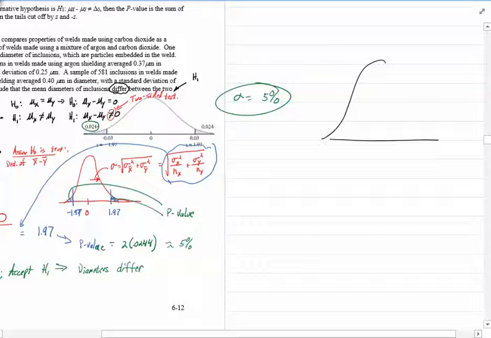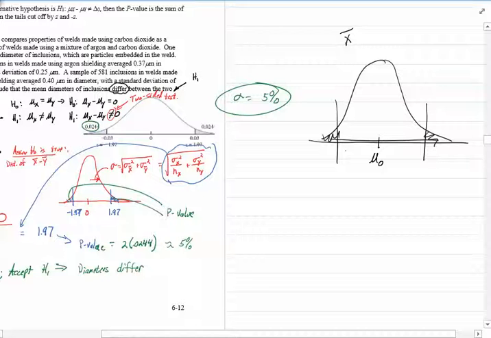So let's go back, we can simplify it, and let's go back to a test on a mean. And we have some mean value there. This is the distribution of x bar. And when we do an experiment, we're sampling from this distribution. We pull an x bar.